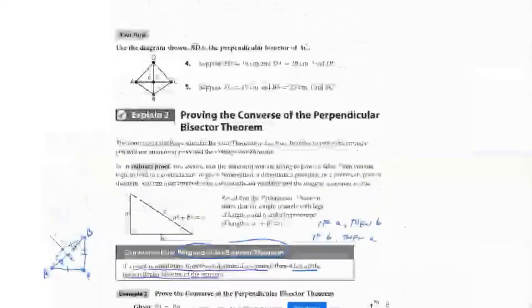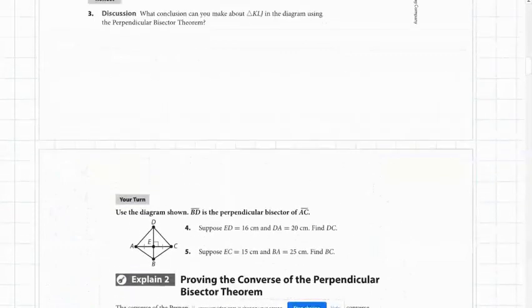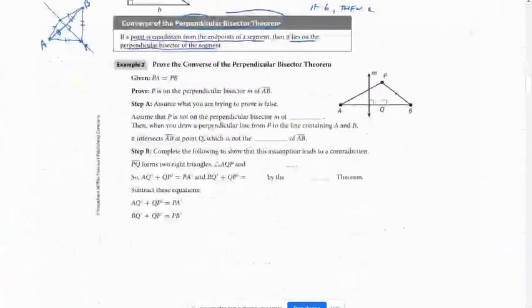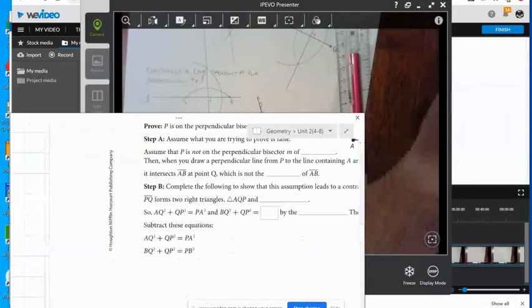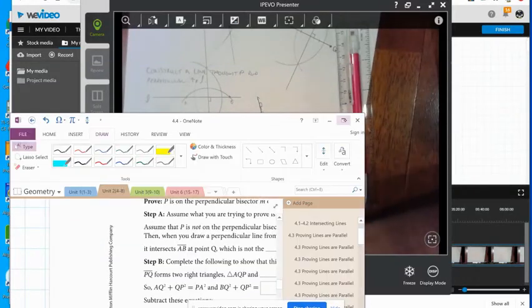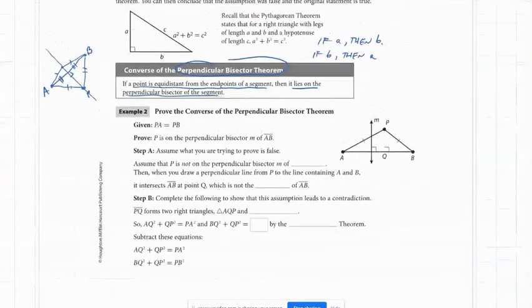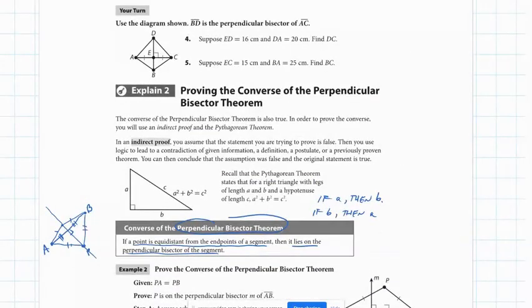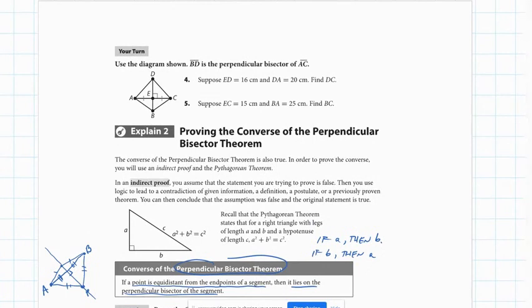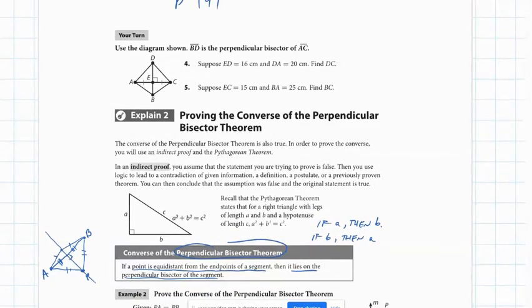Let's actually go back to the top of page 197. Okay, and go ahead and try problems 4 and 5. Pause your video and press play when you're done.